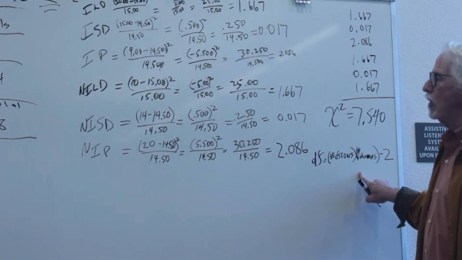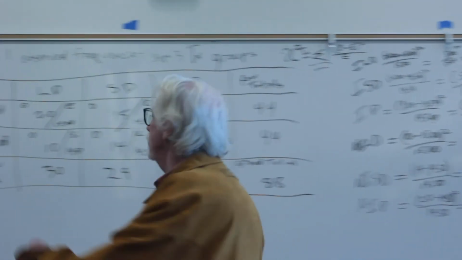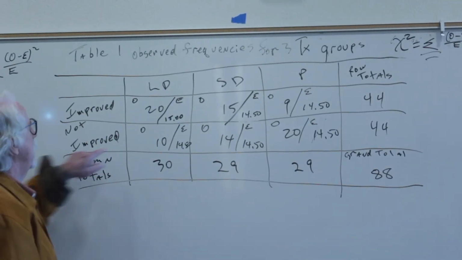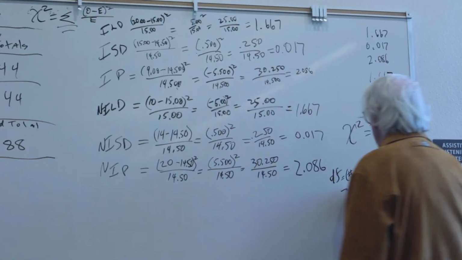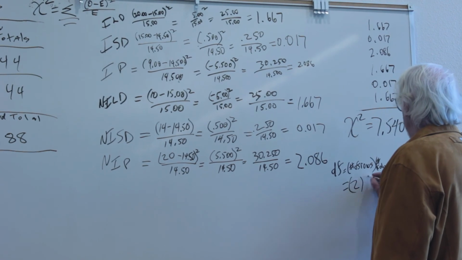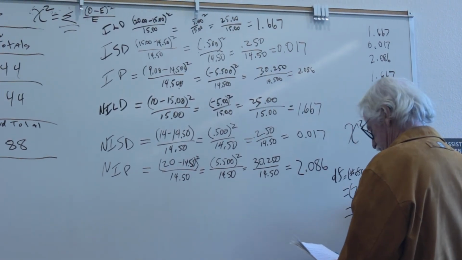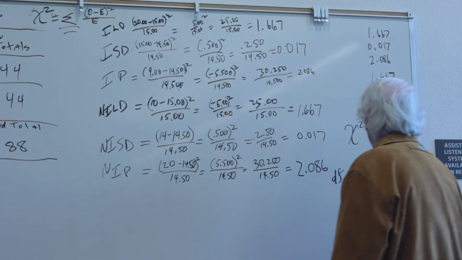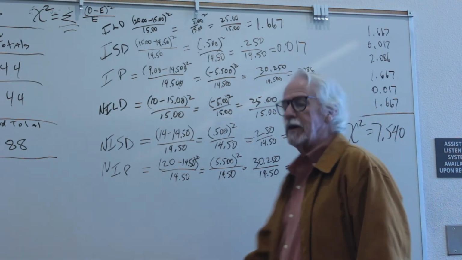So here we actually have 2 rows and 3 columns, so it's 2 times 3 minus 2, or 4. Oh, I'm sorry. Nope, I screwed this up, and you're going to see it.